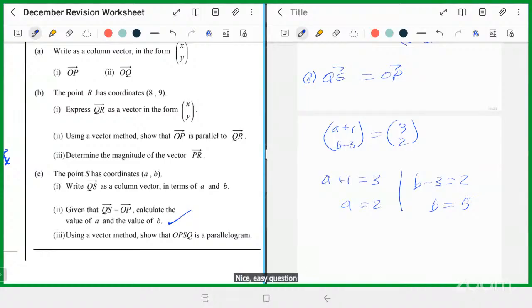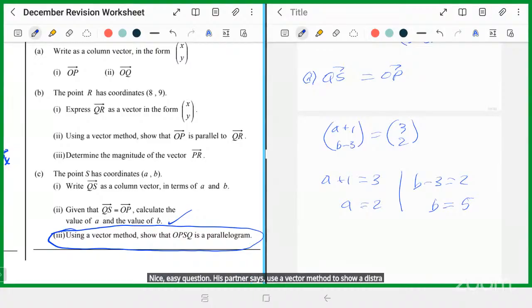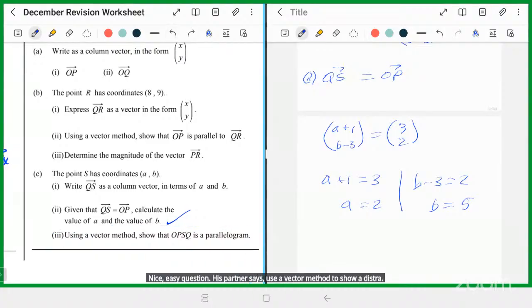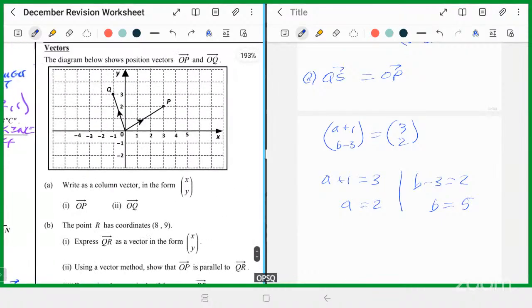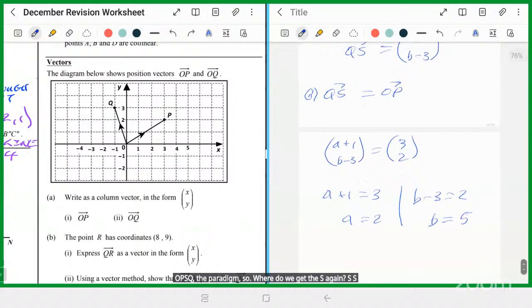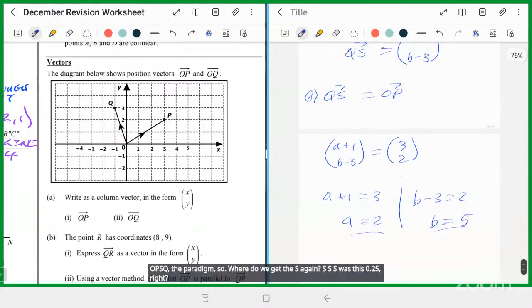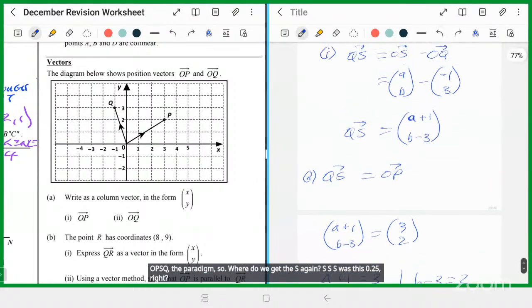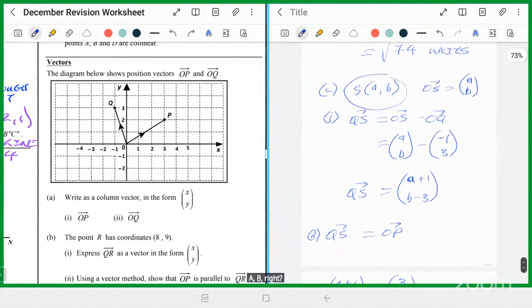This part now says use a vector method to show that OPSQ is a parallelogram. If it's a parallelogram, you have to show that the opposite sides are equal vectors. So where do we get S again? The coordinates of S were A, B, right here.